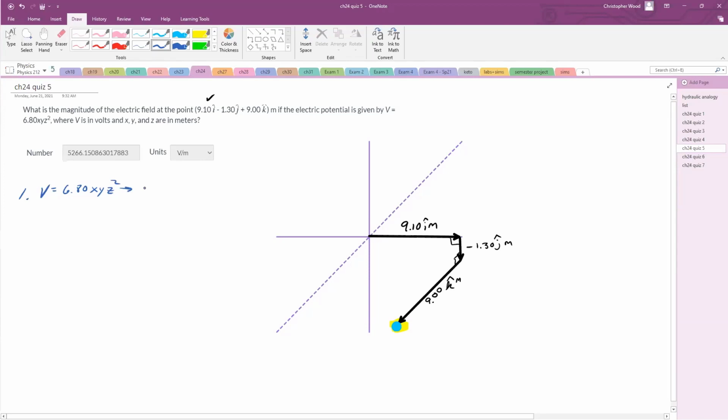So we can say right away, aha, voltage is a function of space. Voltage is a function of where you are, according to this function. So very non-uniform.